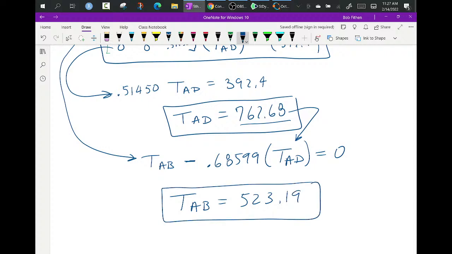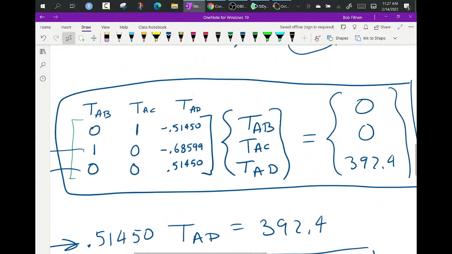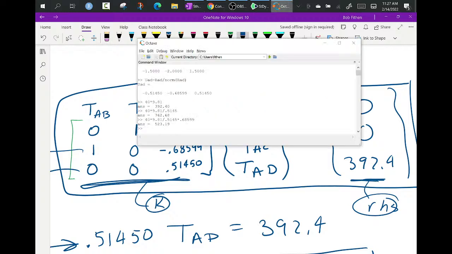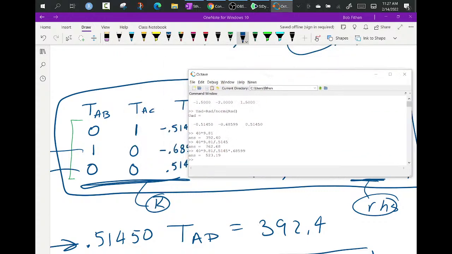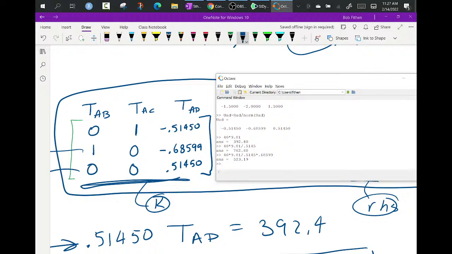And I can go on and do this, or I can just go straight to Octave and list in this matrix. I usually use the letter K for some reason, and I always use right-hand side for this. So let me try to do that. I'll list it and then zoom in on it.